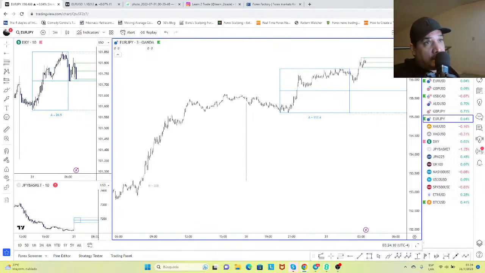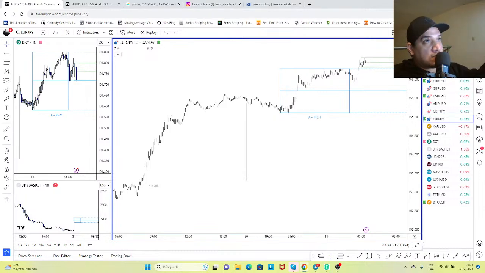So XAU USD would be a market to trade the US dollar on. Now, when the moves in the XAU USD are gold driven, that's based on inflation, and more on political or macroeconomics.